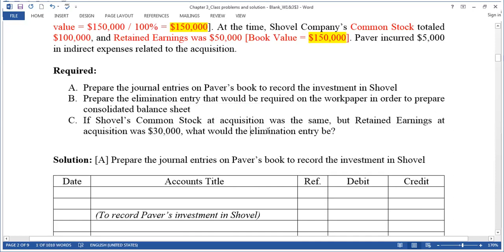What would be the elimination entry? Because according to requirement A and requirement B, we don't have any difference, right? But when we go to requirement C, we will find that we have a difference. So if we have a difference, where should we put it? Should we put it in the debit side or credit side?